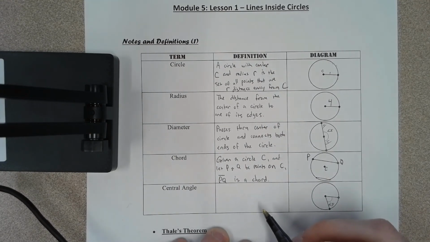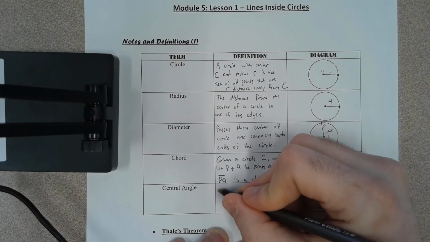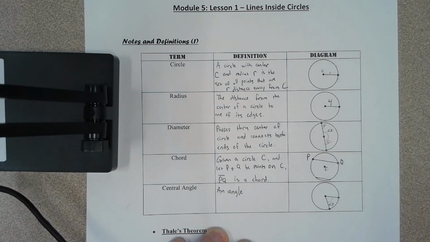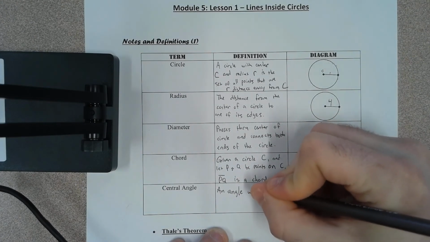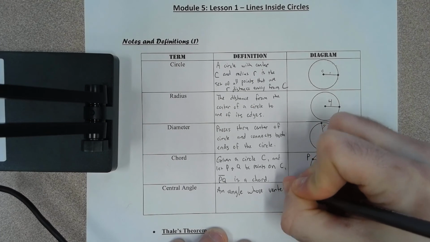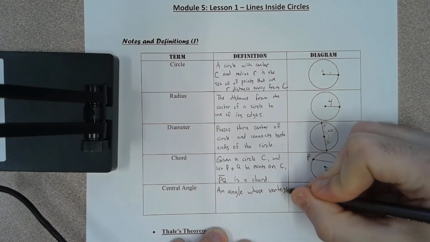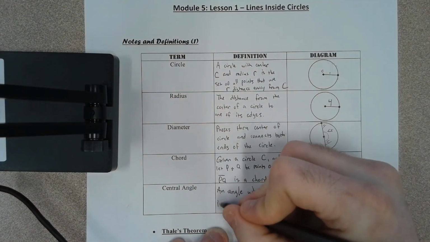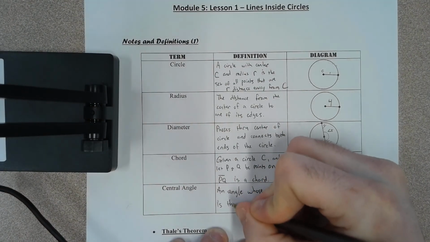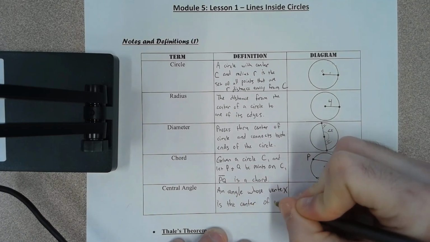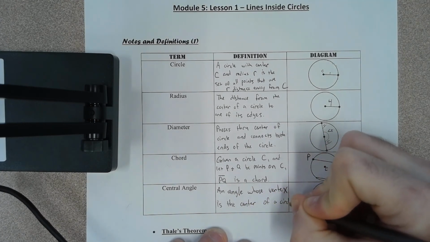Okay, and lastly, a central angle of a circle is an angle whose vertex is the center of a circle.